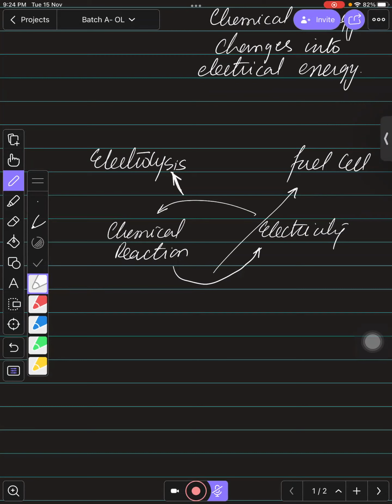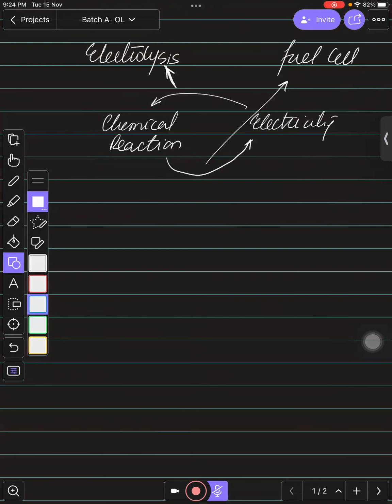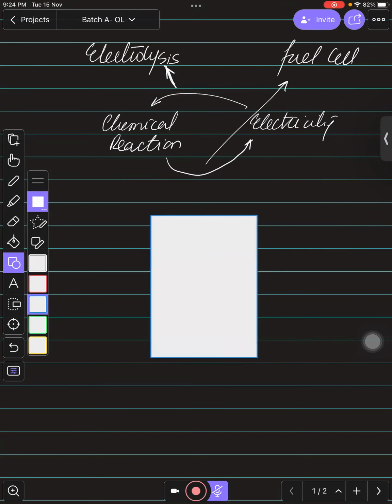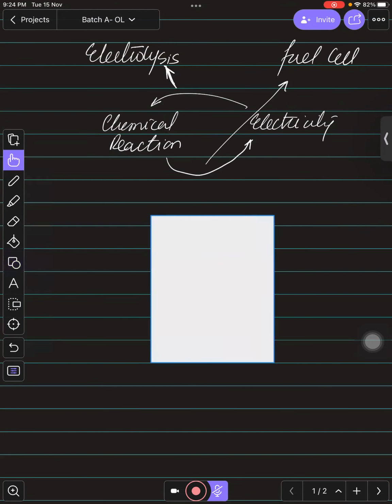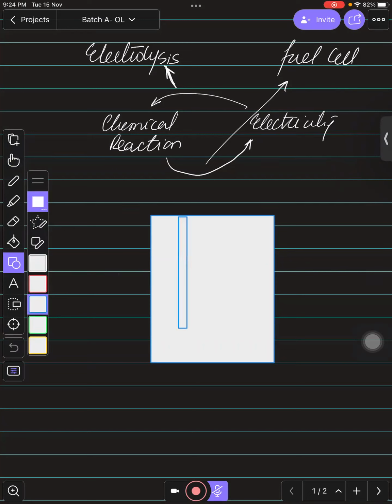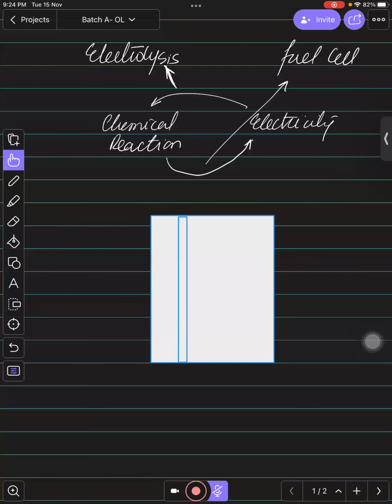Now, if you talk about the electrolysis process in this cell, so if the cell is something like that, it will be like this. The cell, if I draw over here, looks like this. In this cell, we have 2 or 3 compartments, a compartment over here and a compartment over here.